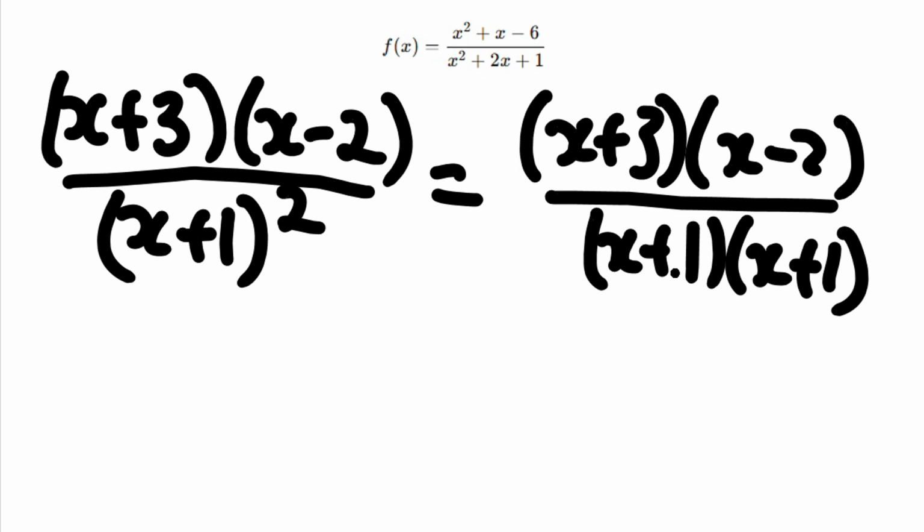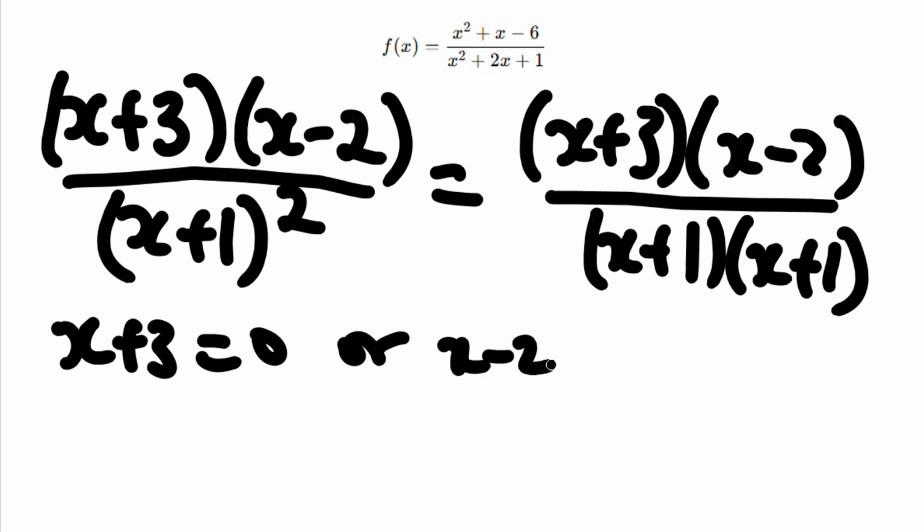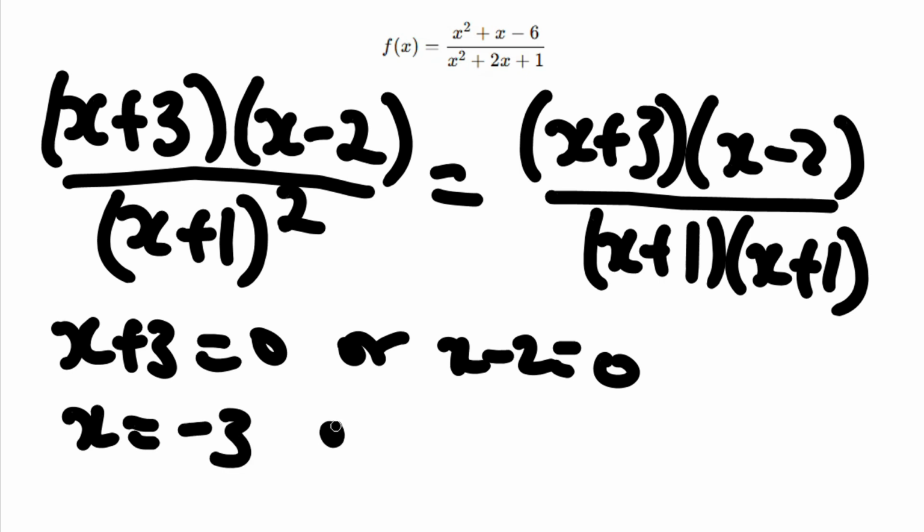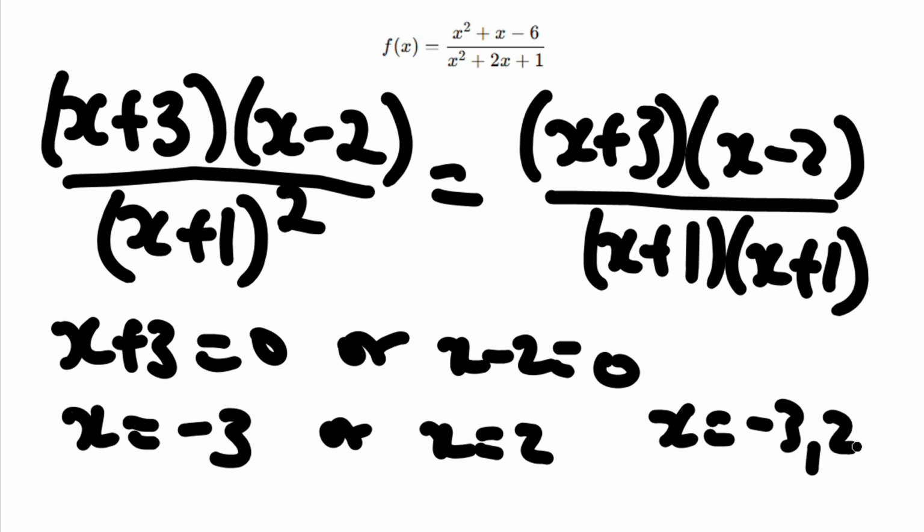Since we are sure that there's no common term, now we can proceed to just take the numerator and find the zeros. So we have s plus 3 equals 0, or s minus 2 equals 0. Then you have s is equal to negative 3, or s is equal to 2. So the zeros are s equals negative 3, comma, 2.